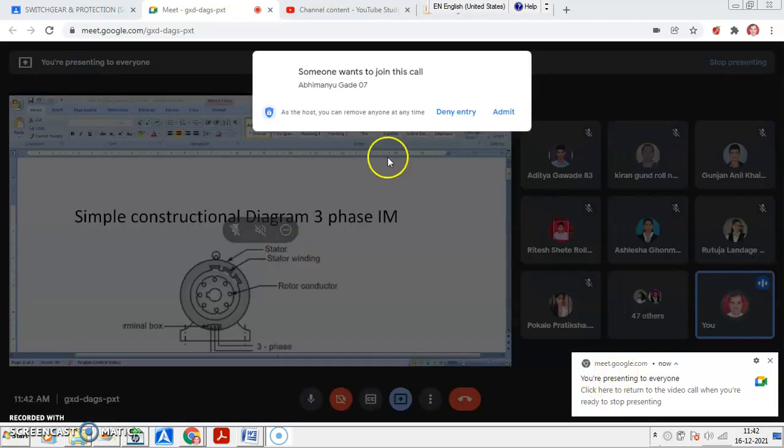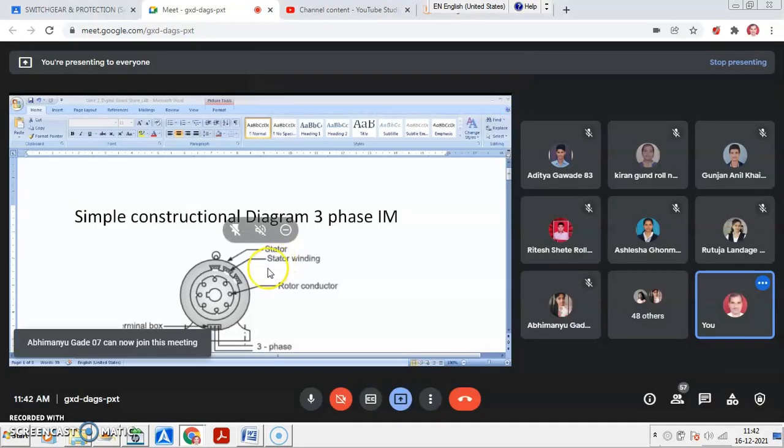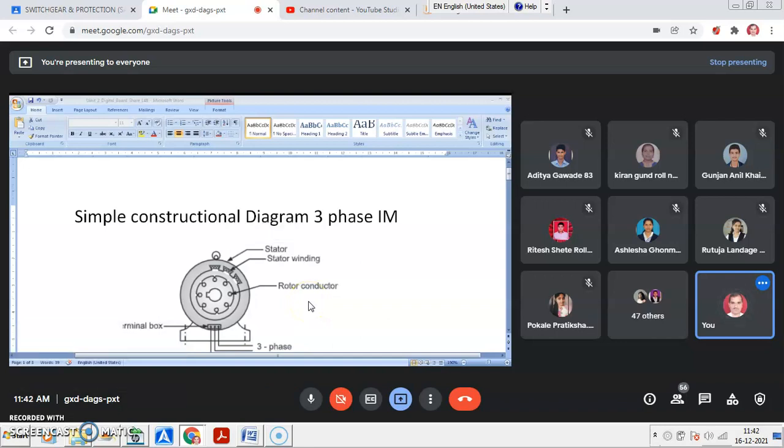So, three-phase induction motor, basic parts: stator winding, rotor winding. Okay. Stator is a three-phase winding, either star connected or delta connected copper winding, put inside the stator slots, you can see.